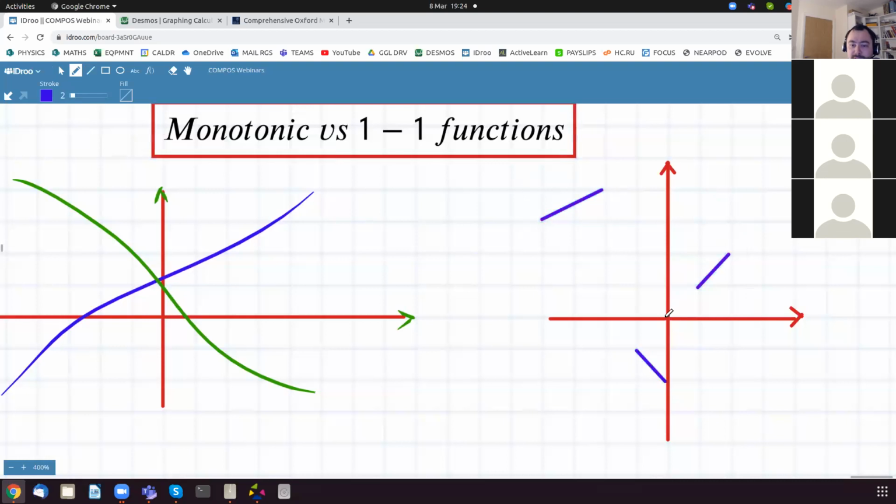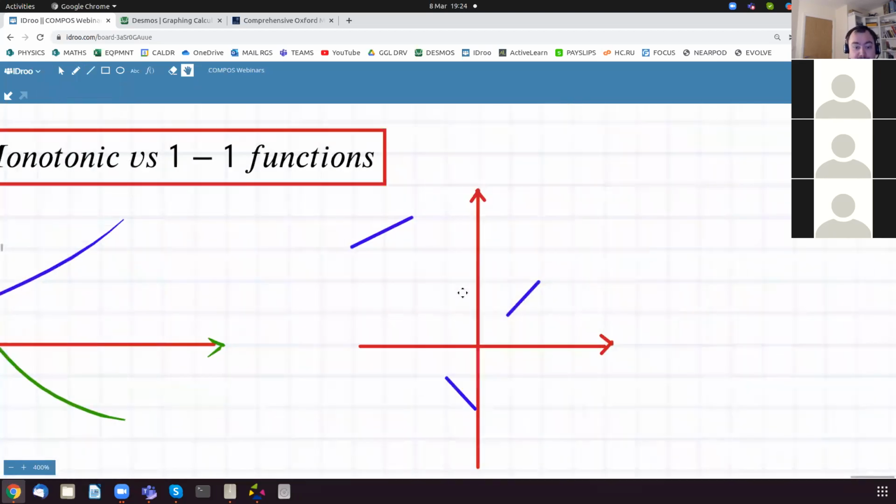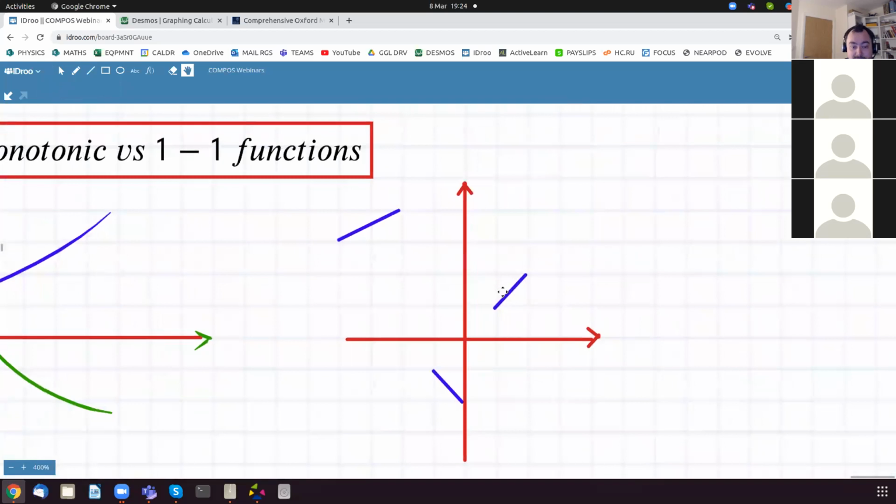This is a one-to-one function, but it's definitely not monotonic, because monotonically increasing means for greater x's you get bigger y's, and monotonically decreasing means for greater x's you get smaller y's. But this is a one-to-one function, but it's not monotonic. Does that make sense, Edward?